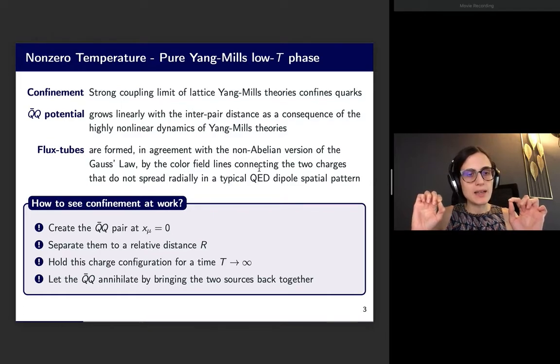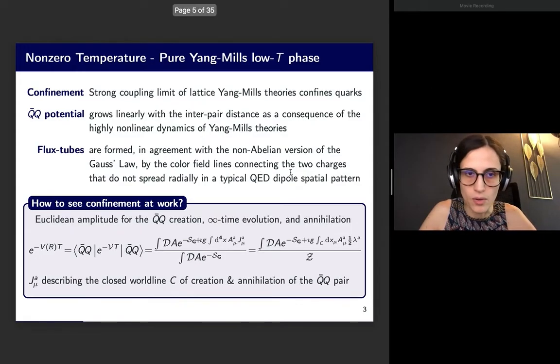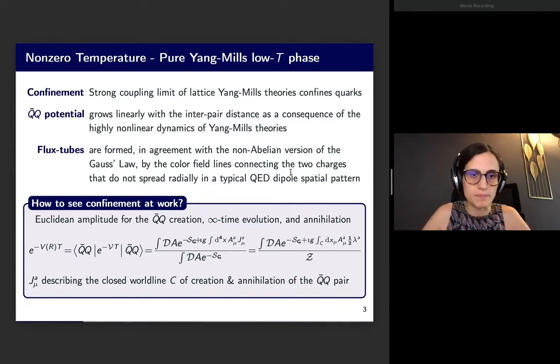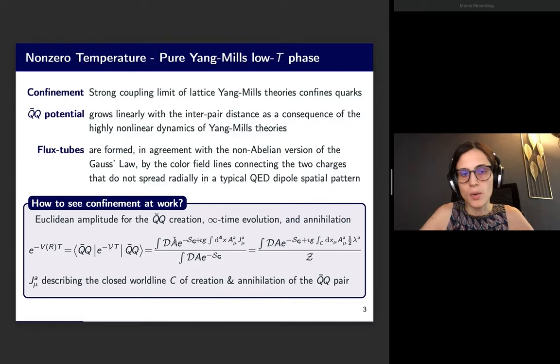And then, as a last step, we let the Q and Q-bar pair annihilate by bringing the two sources back together after having held them for an infinite amount of time. How to write that in a formula? You have it on these slides. You have the Euclidean amplitude for the quark-antiquark creation, infinite time evolution, and annihilation.